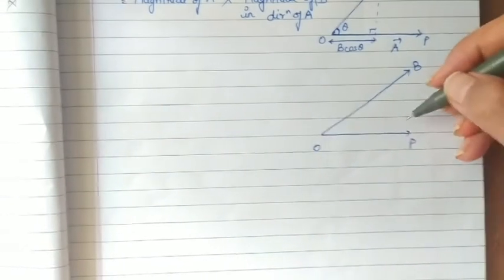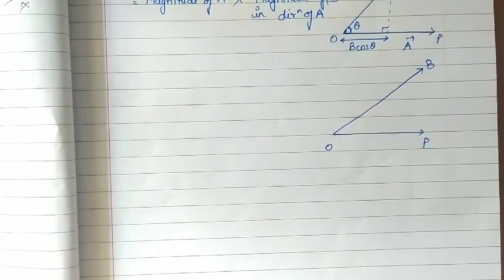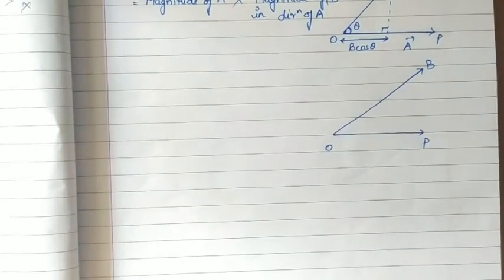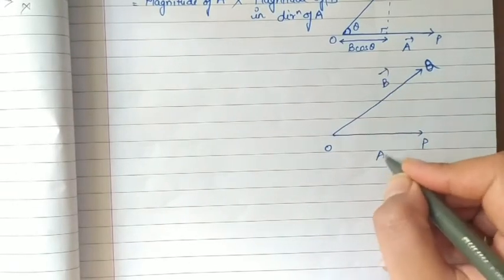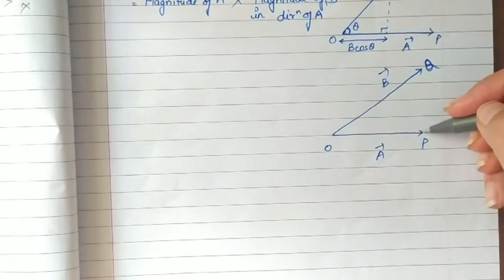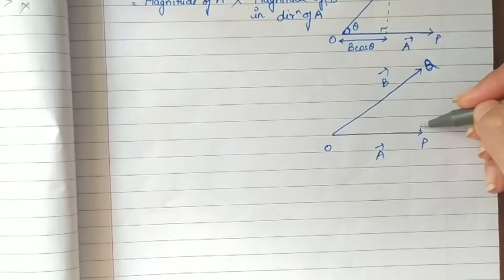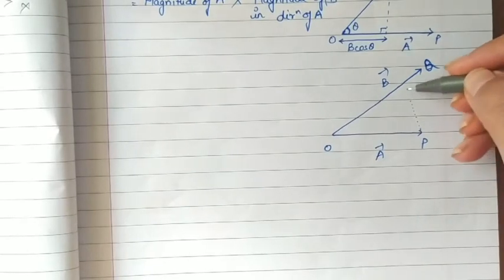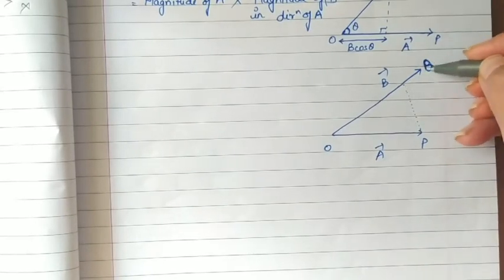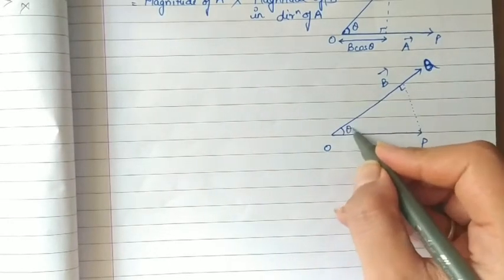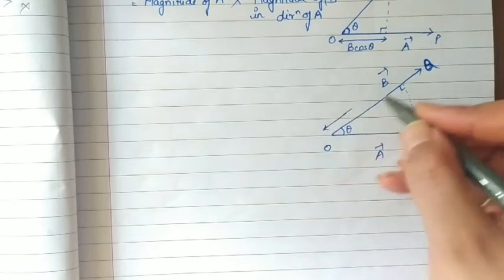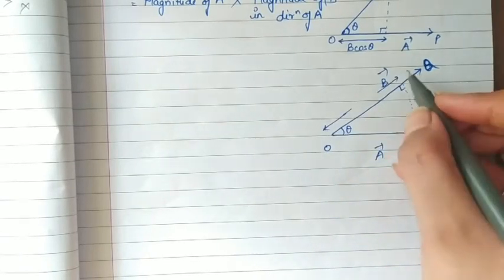Now we draw a perpendicular from point P to OQ, to get the projection on OQ. Now this angle is theta, so this projection, this component, will be A cos theta.